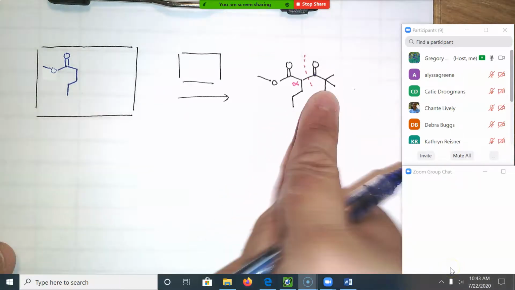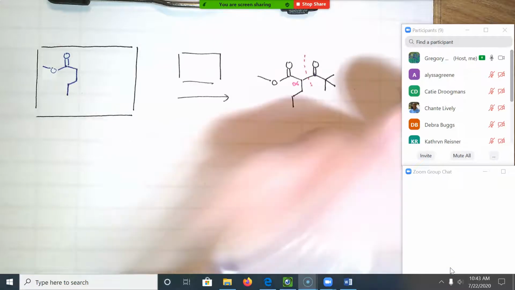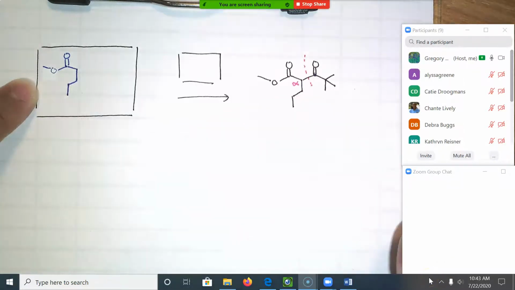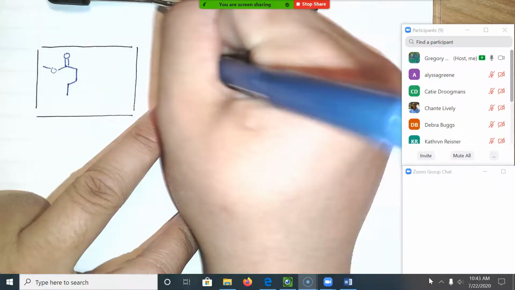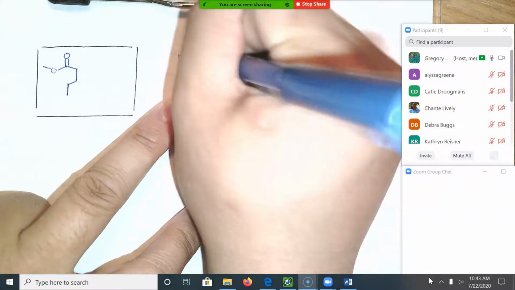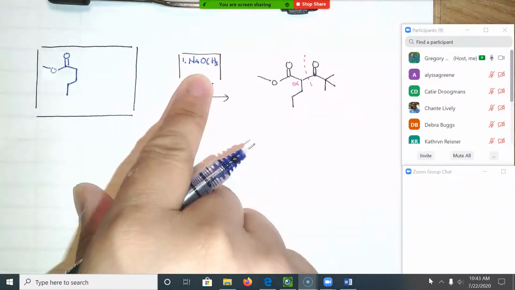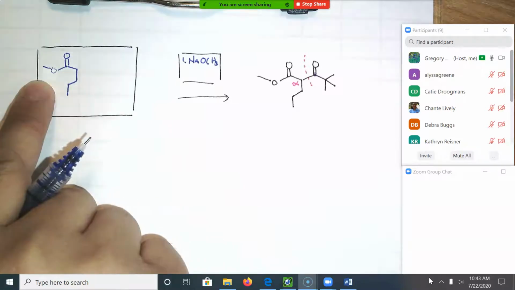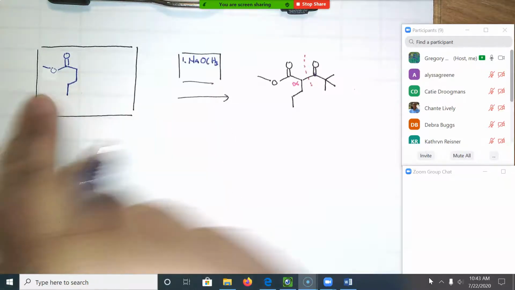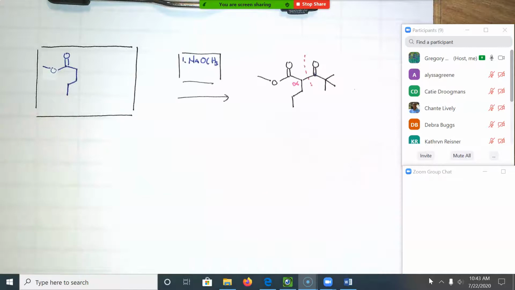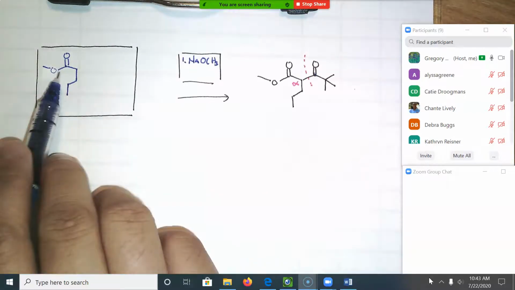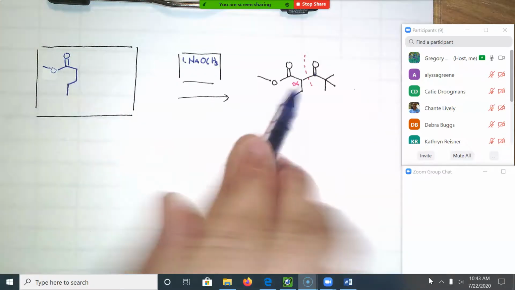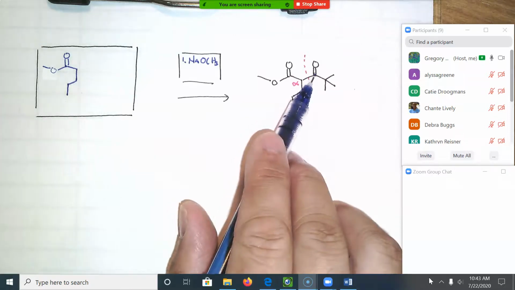Before I even draw the other piece, I know which kind of base I'm going to use already. I'm going to have to use an O-methyl group. O-methyl base. I'm matching the base to the leaving group. But be careful. This is not the leaving group in the reaction. It's the leaving group of this here.